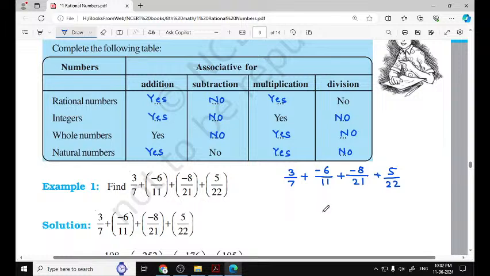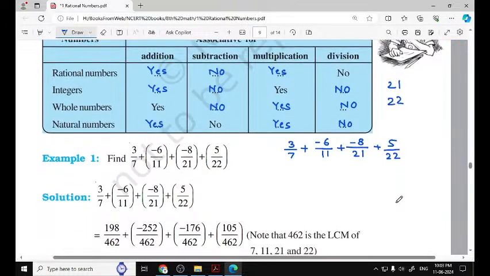So we can make the denominators equal. For that we have to find a common multiple of all these numbers. Common multiple of 7 and 21 is 21, and of 11 and 22 is 22. So let us find the common multiple of 21 and 22, that is the LCM of 21 and 22.